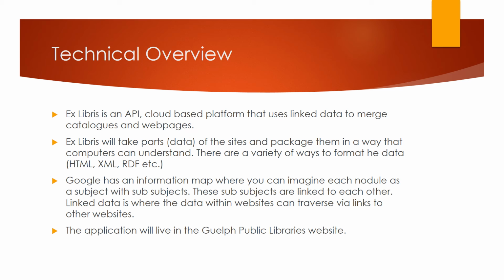What does this mean? It means that the internet becomes a global information depository where you can ask Google a question and then it can start at one site and just follow the link to another website to get the answer. By linking the library website using open links, it incorporates data found on the library website into Google. So this application will live in the Guelph Public Library's website.